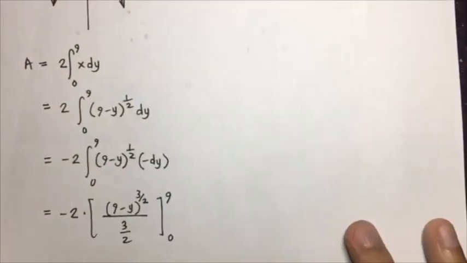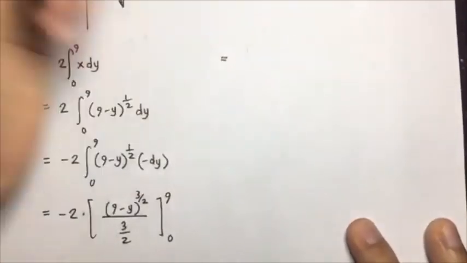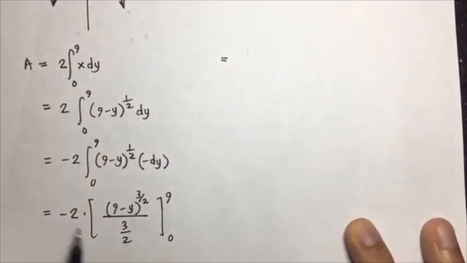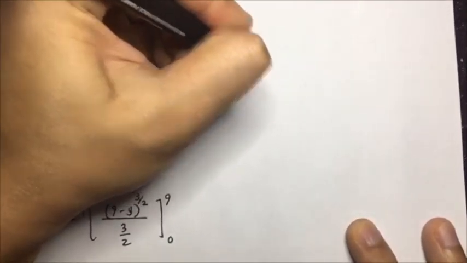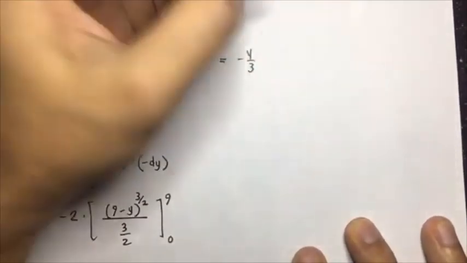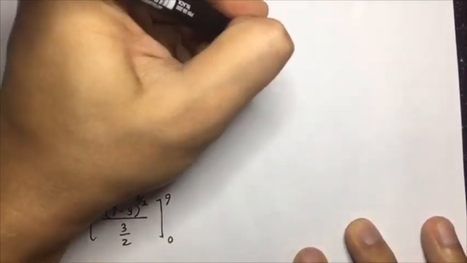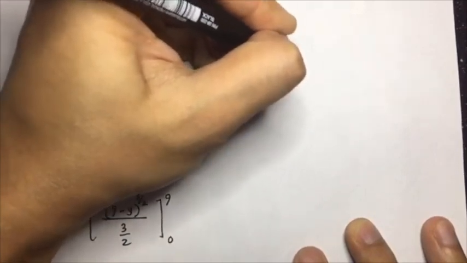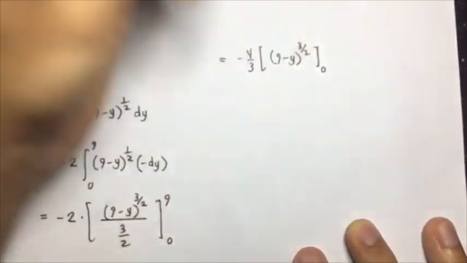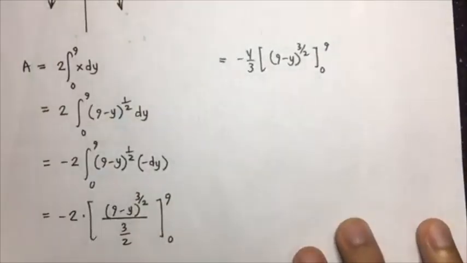Continuing on this side, if you multiply, this will become negative 4 over 3 times 9 minus y raised to 3/2 from 0 to 9.